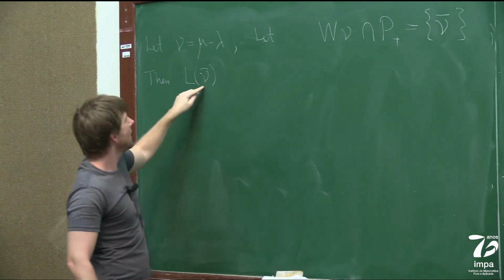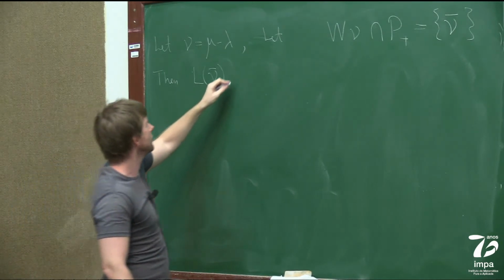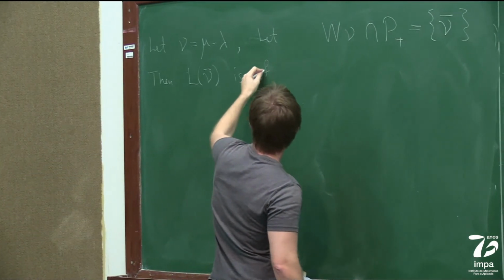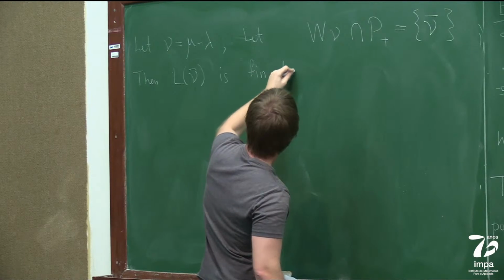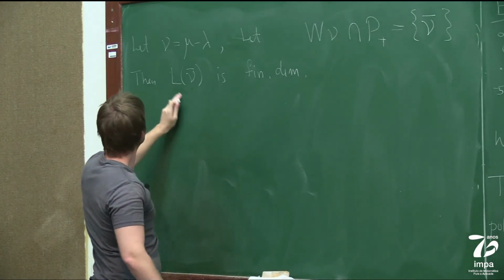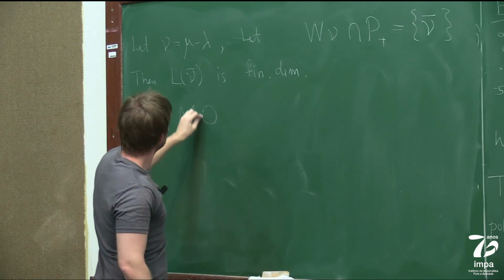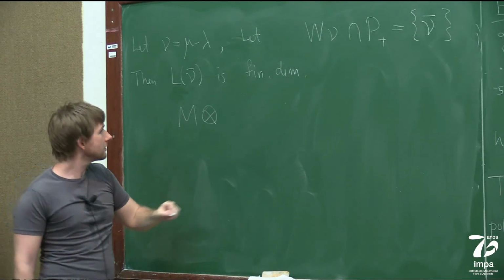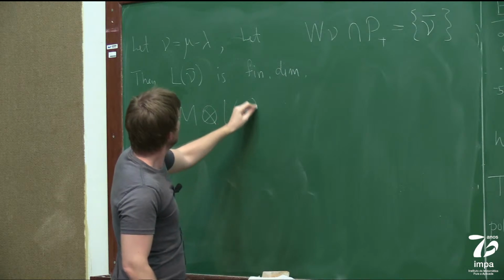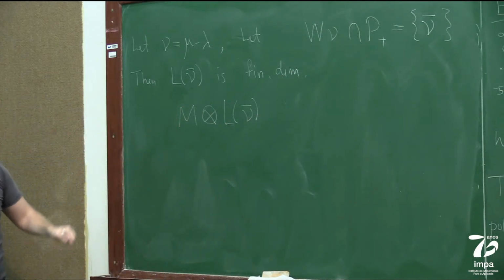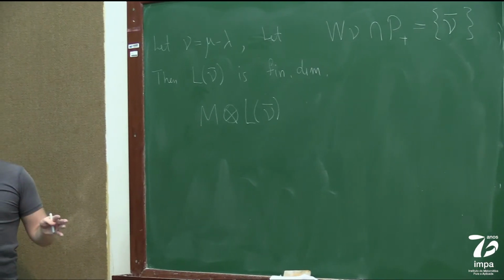Then since it's in P plus, the corresponding irreducible module is finite dimensional. So now we take our module, we take the tensor product with this irreducible module. So now there's another g-module. It'll consist of a direct sum of various components which are all in different blocks.